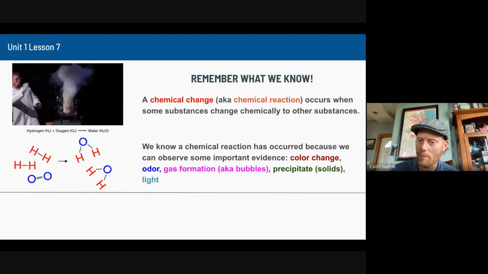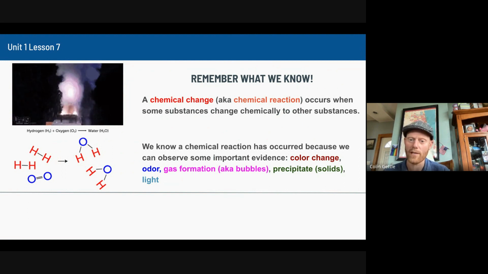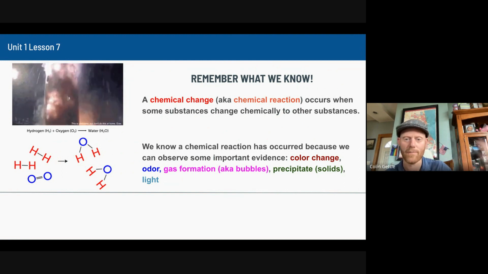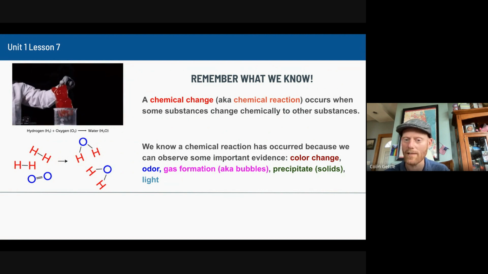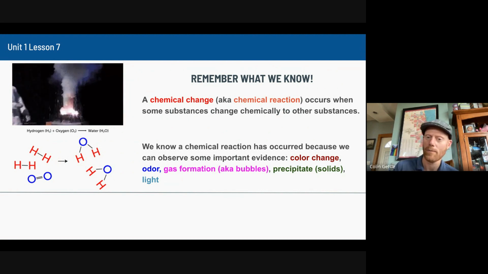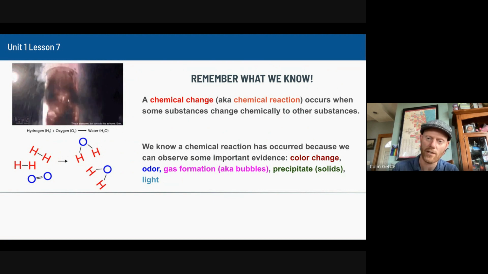We know a chemical reaction has occurred because we can observe some important evidence. Some things like color change or an odor or gas formation, bubbles, precipitates, so solids, and then light. Those are ways that we know a chemical change has occurred.